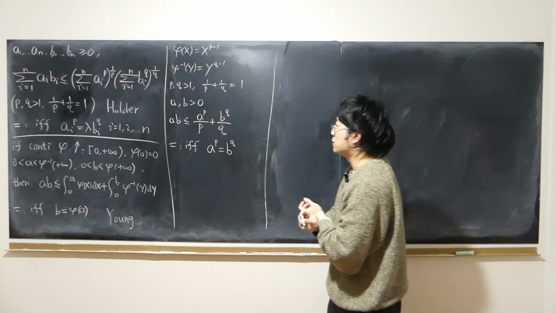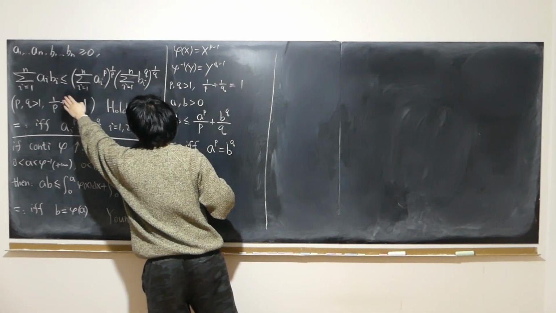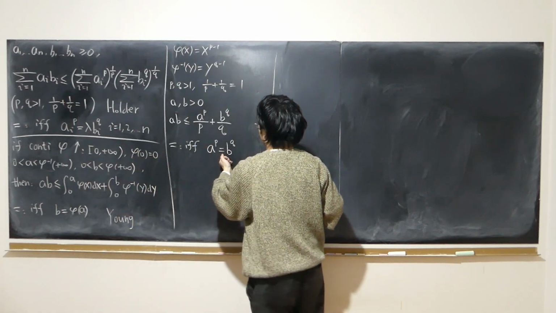So how can we relate a_i, b_i, right, to our results?